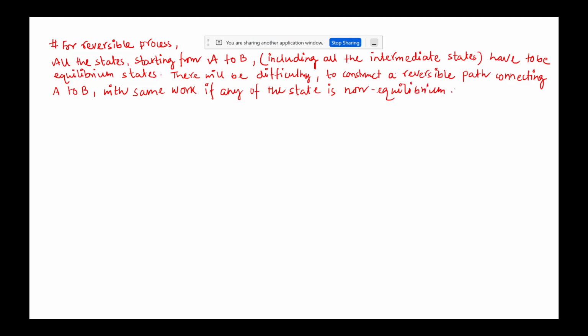Okay, that is important, because if any of the states is non-equilibrium, how can we define the reversible path?